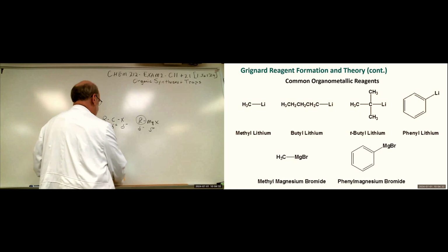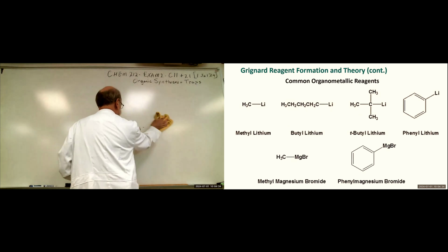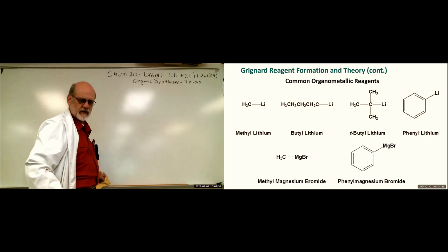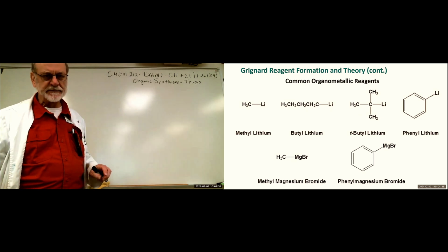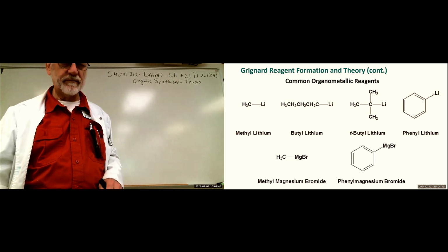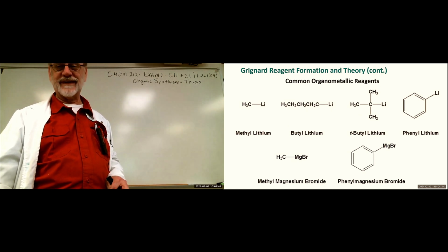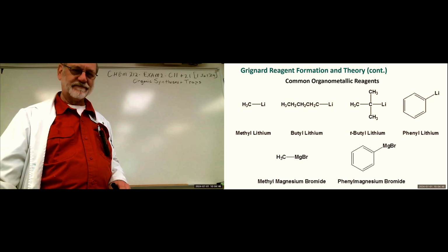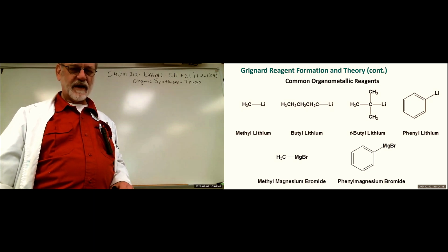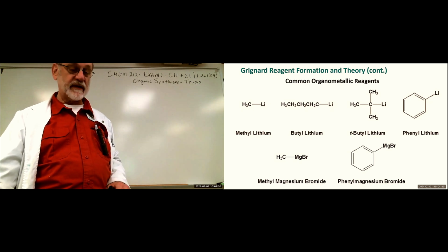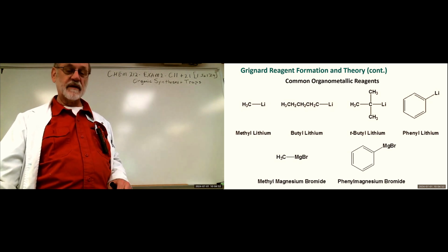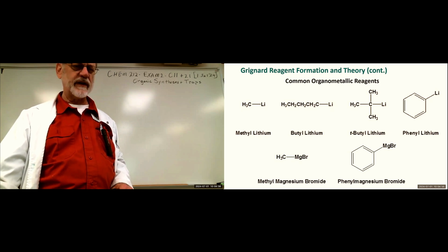And these are some common organometallics. I think they're in your book. Methyl lithium, butyl lithium, tertiary butyl lithium, phenyl lithium, methyl magnesium bromide. That's your Grignards. The lithium organometallics are on the top, and they don't have a special name.